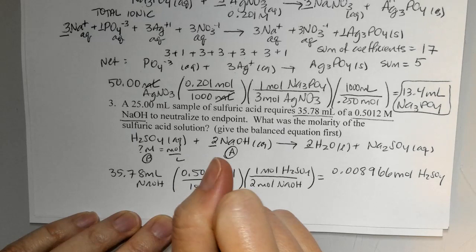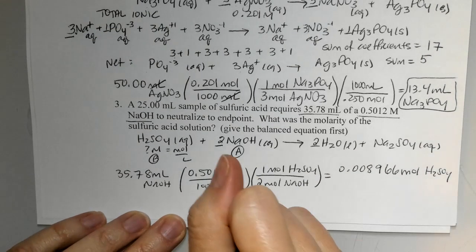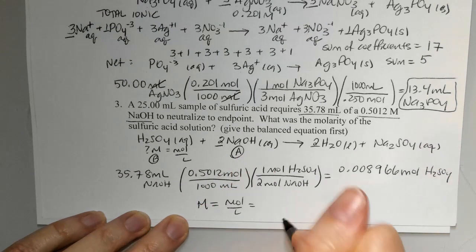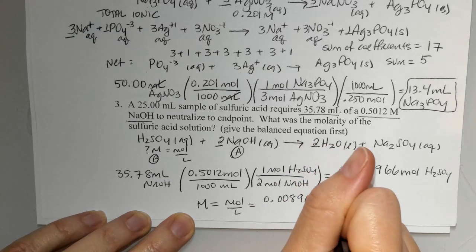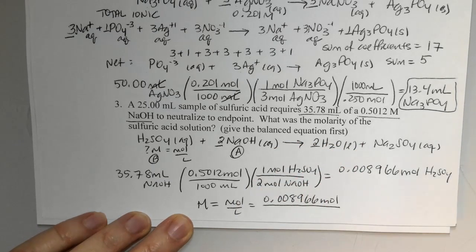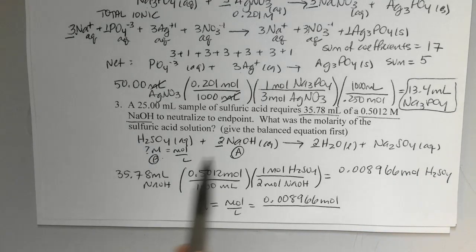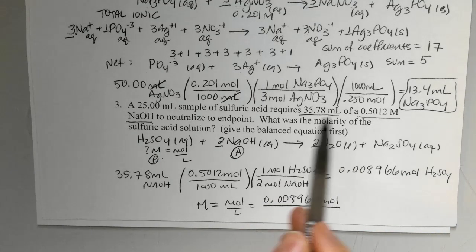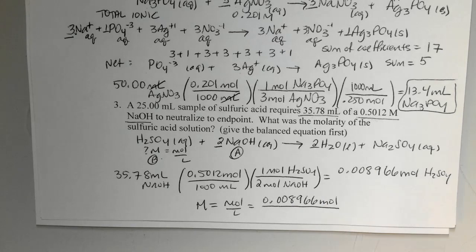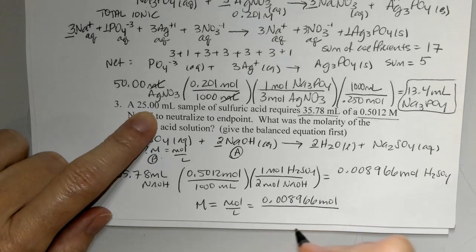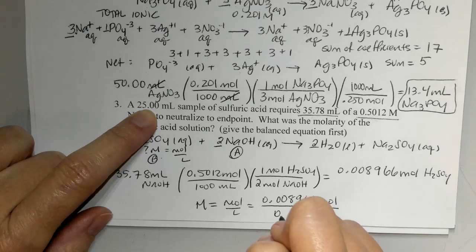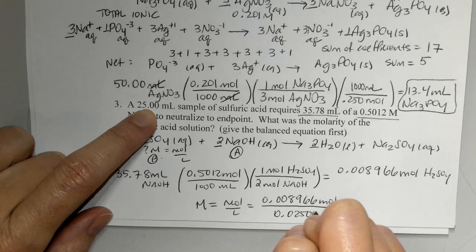Then if I want to know molarity, molarity is moles per liter. So I'm going to take that number of moles, 0.008966. All right, that was our moles of H2SO4 that reacted with that many moles of NaOH in that volume and that molarity. And then I divide it by the volume that came from, which was 25 milliliters, but make sure it's in liters, so divide it by 1,000 first.